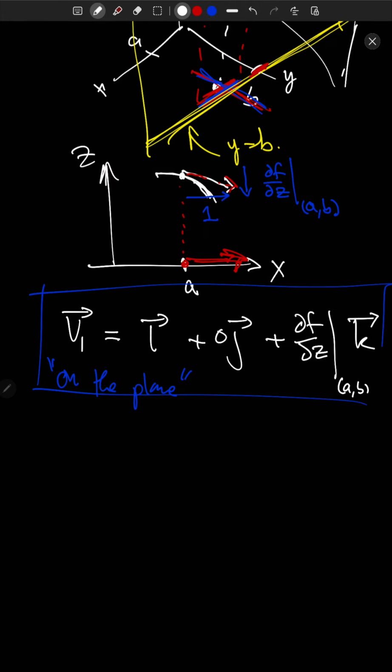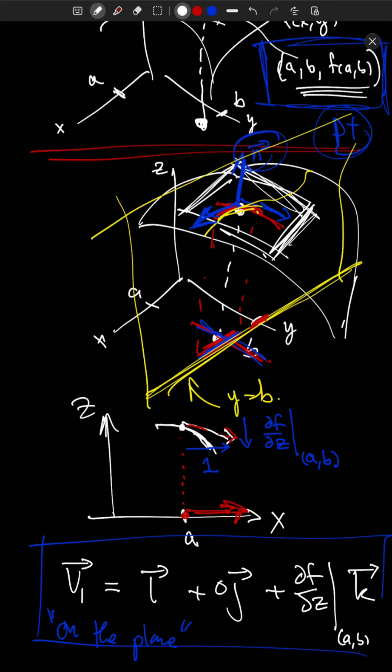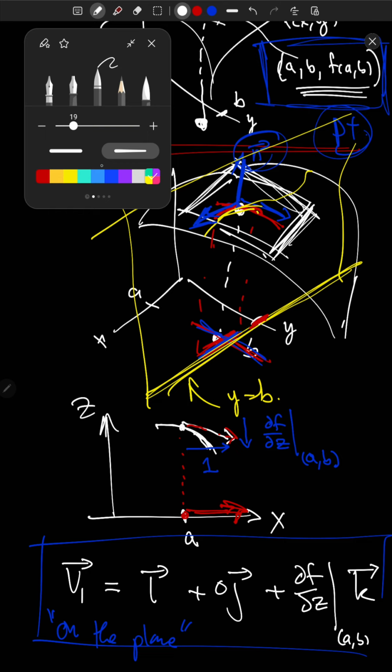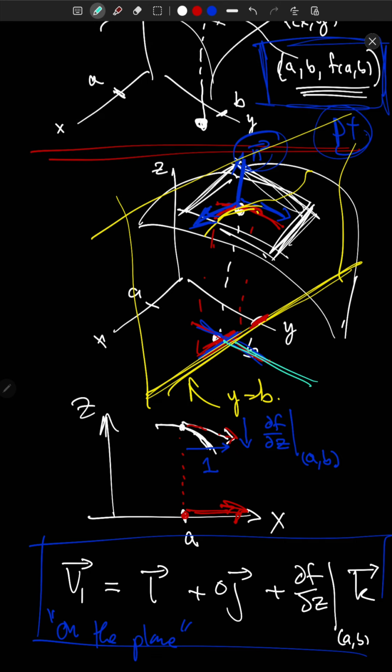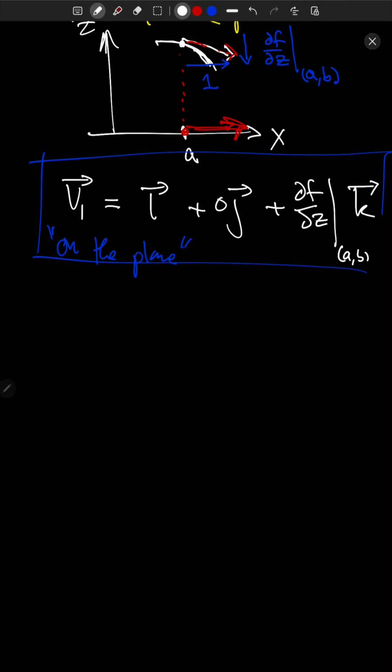Now we can do exactly the same thing. We can take a planar cut of our whole picture where x is a constant, x equals a. Then we would see a situation where we just have the variables y and z.